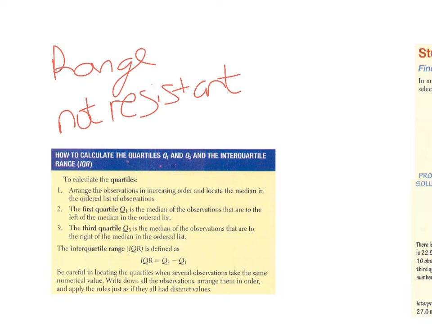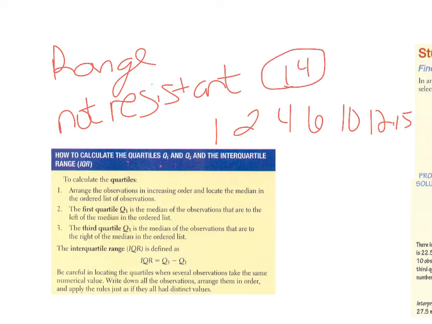So range is supposed to encompass my entire distribution, from one end to the other. So if I have a data set that looks like this, my range here is 14. Remember, my range is not 1 to 15. My range is 14.